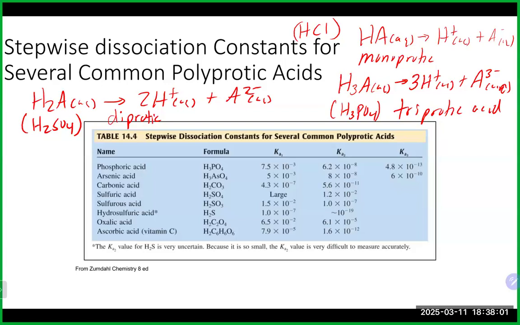Now, it's really important to note that the hydrogens in a diprotic acid or a triprotic acid actually come off one at a time. They don't all just drop off at once.